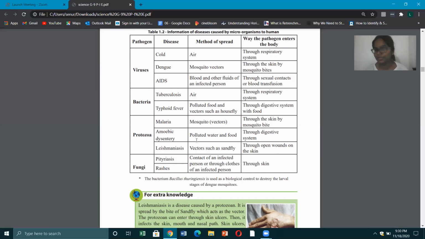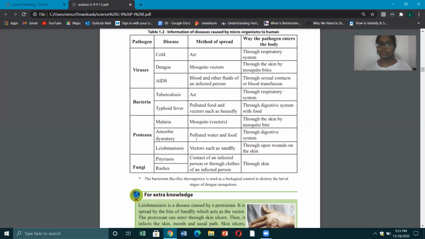AIDS, acquired immunodeficiency syndrome. The method of spread is blood and other fluids of an infected person. Let's say someone with AIDS gets an injection, and the same syringe is used to give a vaccine to a healthy person.